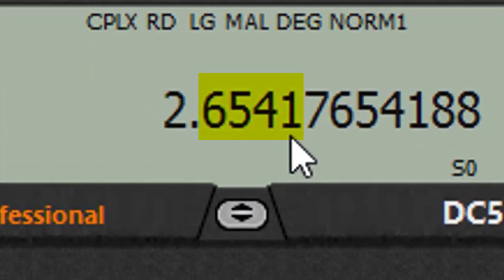The only thing we need here is the mantissa, which is the 4 digits that appear after this decimal point. So we don't need the characteristic. The only 4 digits that we need are 6, 5, 4, and we are stopping at this one.